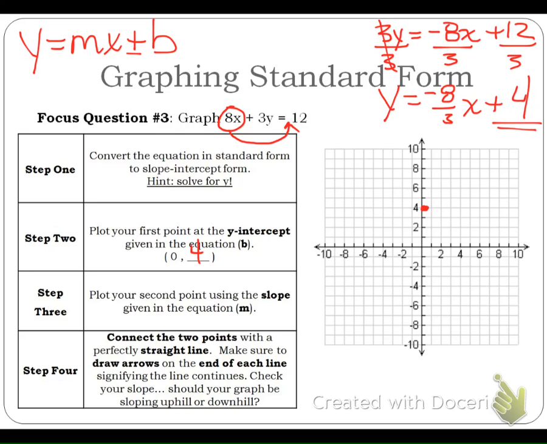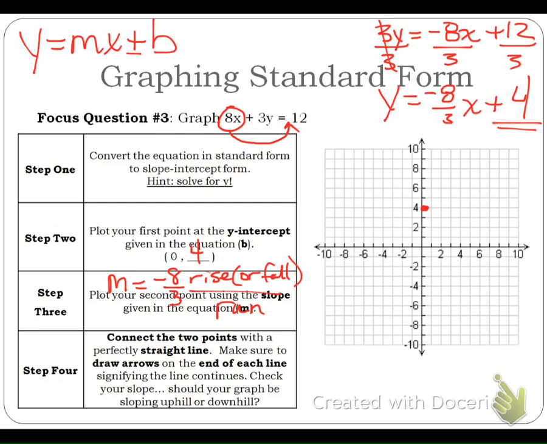Then you have to use your slope. Remember, your slope is equal to the fraction that's in front of your x term, or the coefficient of x, so -8/3. That 8/3 represents the rise or fall, if it's negative, which in this case it is, over the run.